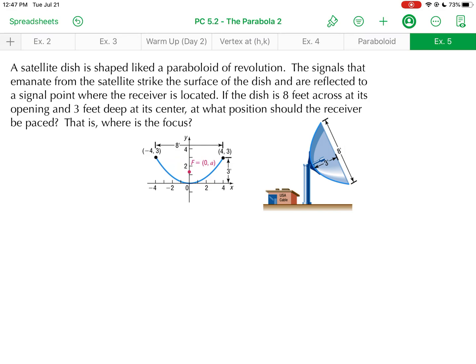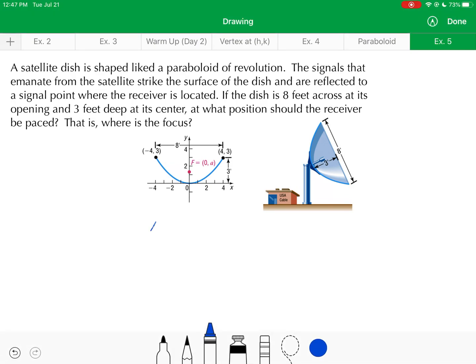Okay. So what I want to do here is find the coordinates for the focus using what I have reasoned out. Well, the way I've positioned this, I have the parabola opening up with a vertex at the origin. So this parabola follows the equation x squared equals positive 4ay.